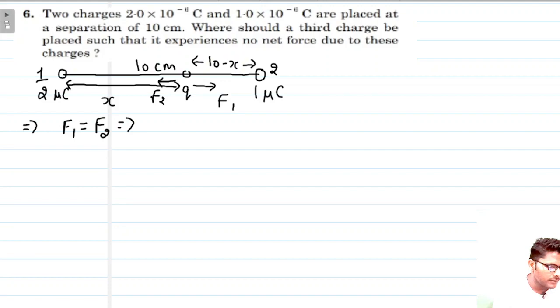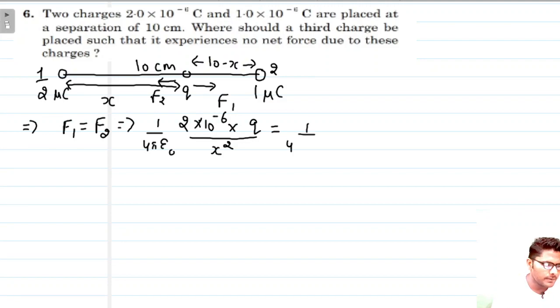So this implies 1 over 4 pi epsilon naught into Q1 Q2, and the value of Q1 is 2 microcoulombs, that is 2 into 10 raised to power minus 6 coulomb. And the second charge is Q, and the distance between them is x, so over x square should be equal to 1 over 4 pi epsilon naught into 1 microcoulomb into 10 raised to power minus 6 into Q over (0.1 minus x) square.